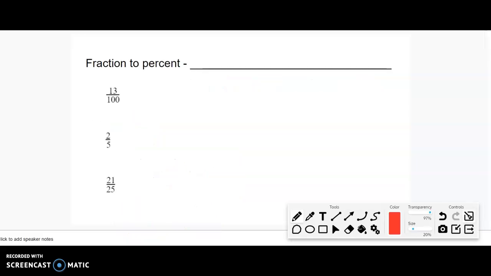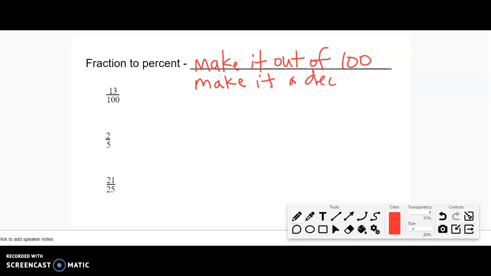All right, if you start with a fraction and you're going to a percent, either make it out of 100, and then you can just write it as a percent, or make it a decimal, and then you can make it into a percent after that.